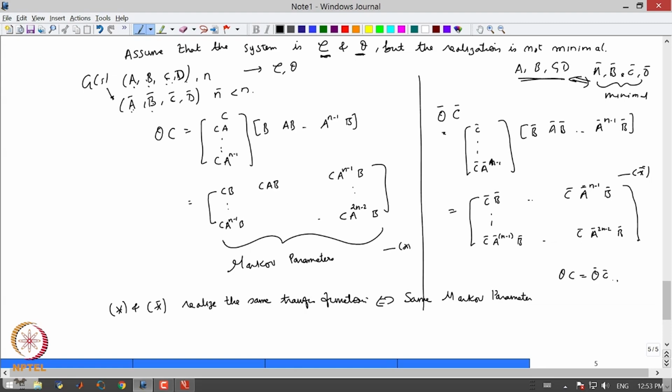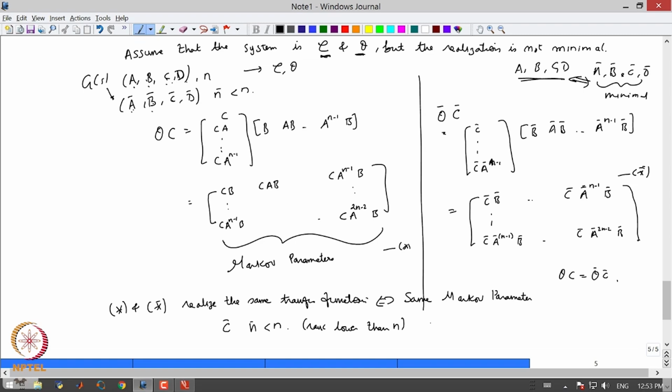Now, let us say that C bar has only n bar columns, which is less than n, and therefore its rank is lower than n.